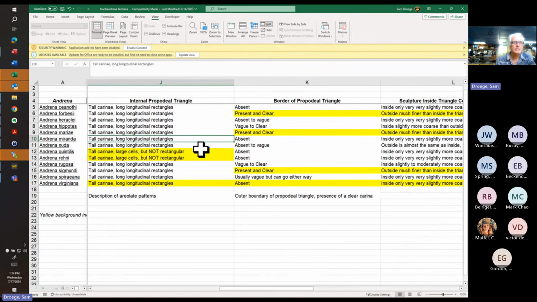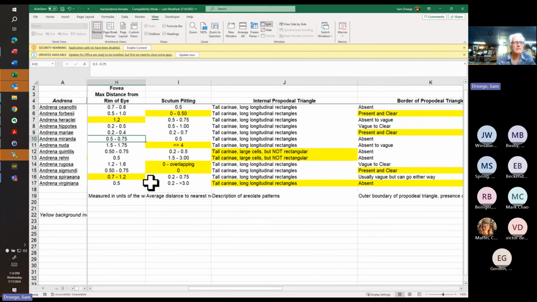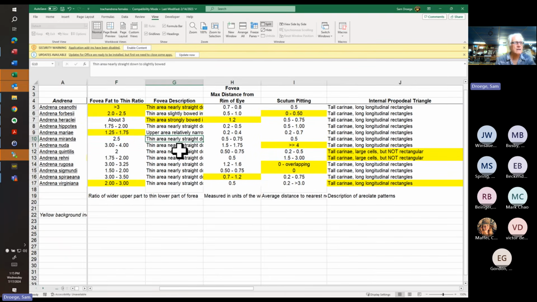So borders of triangles absent, long tall, long carinae in the rectangles, scutum pitting 0.5, but here it's 0.2 to more than 3, which sends a little red flag that maybe we have more than one thing going on in Virginiana. Fovea distance 0.5 to 0.75, so not very much. Certainly not like rugosa and Heraclei, which we looked at before. So not a lot to go on.